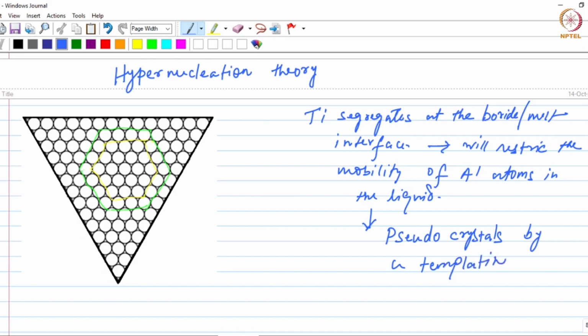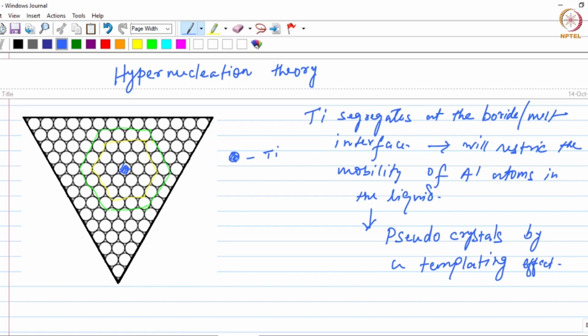Let me explain that to you with the help of a diagram which I already have over here. This is the titanium atom, which is segregated around the boride melt interface.